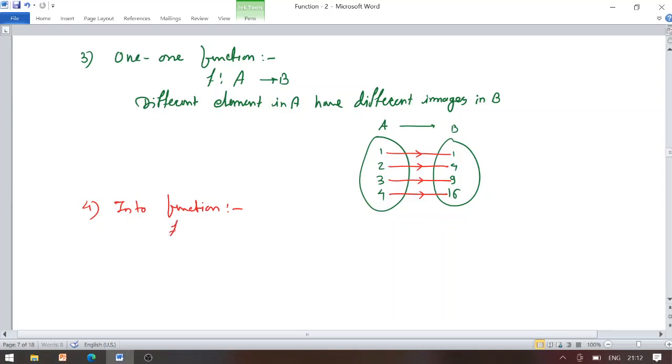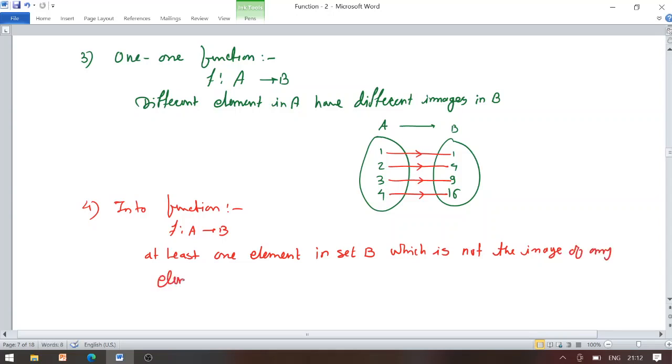So if f is a function from set A to B such that there exists at least one element, keep in mind, at least one element in B which is not the image of any element in a non-empty set A, then f is said to be an into function.